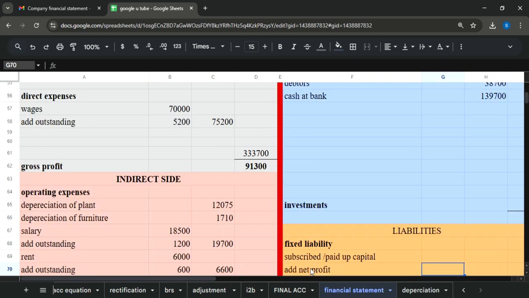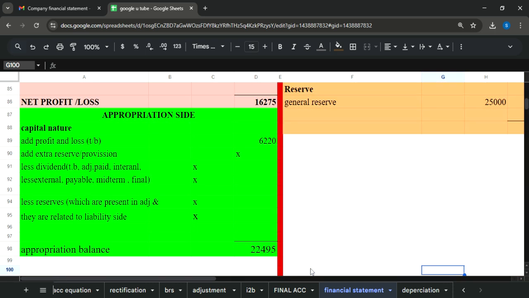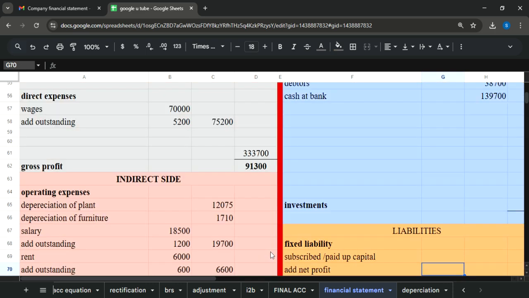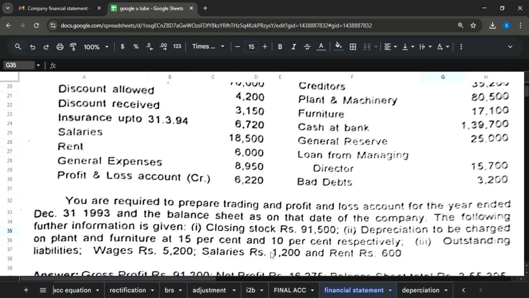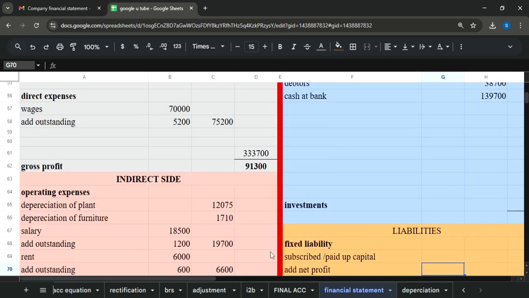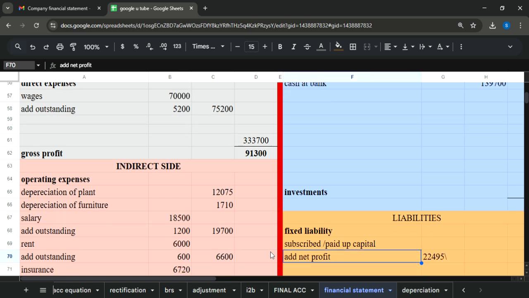Amount of net profit we have just calculated 22495 and 22495 appropriation balance, and now we will call it appropriation balance.